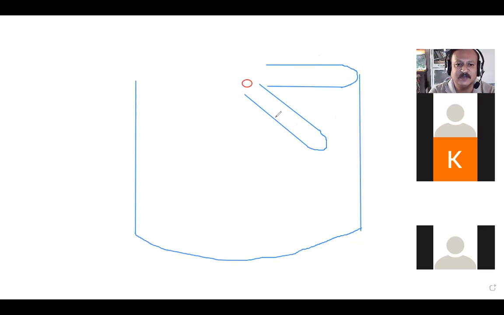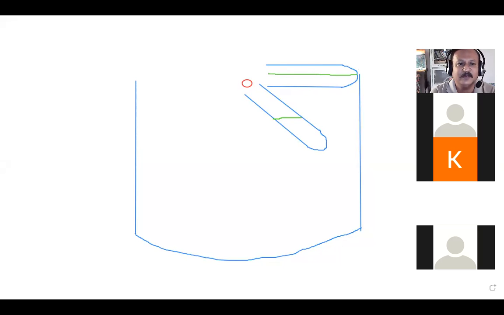Here we have seen, suppose this is your sample. Okay, and here the sample is practically something like this.